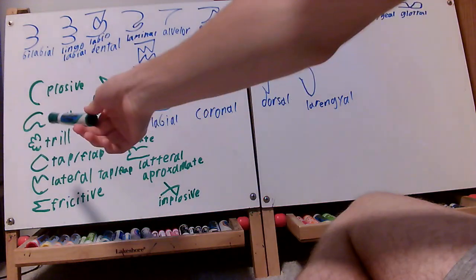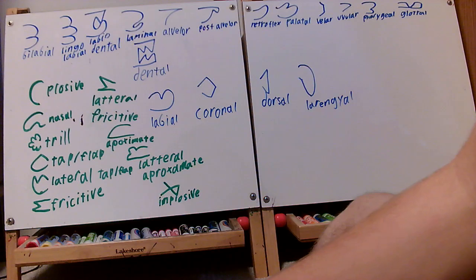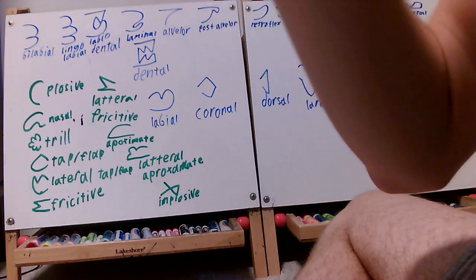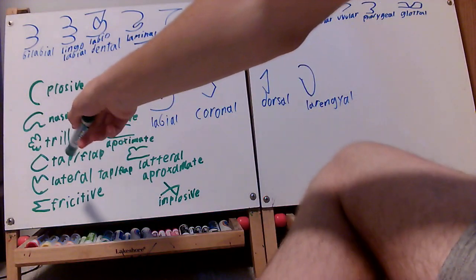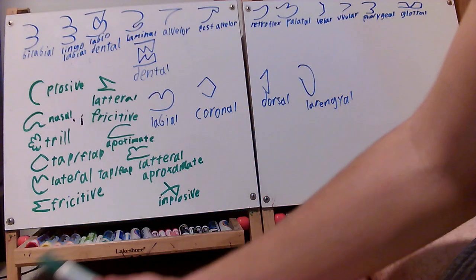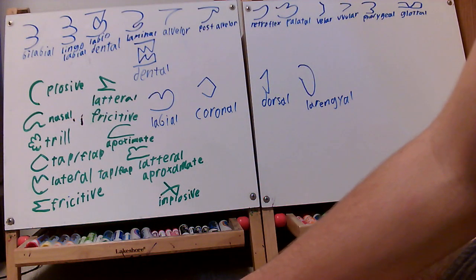Trill, very rapid, going up and down, just like a trill. Tapper, flap, just go up and down. And we have the lateral tapper flap. They're the same thing, but lateral.